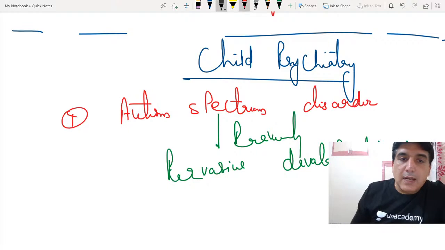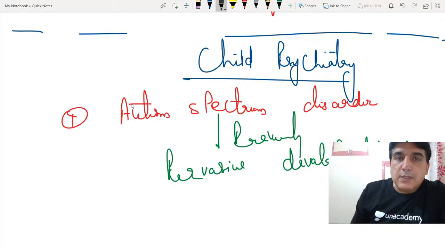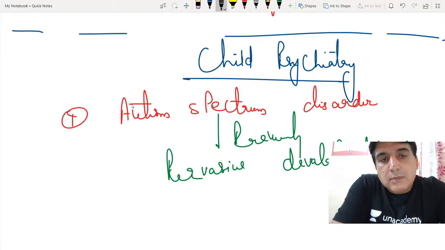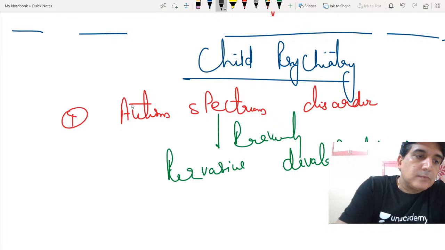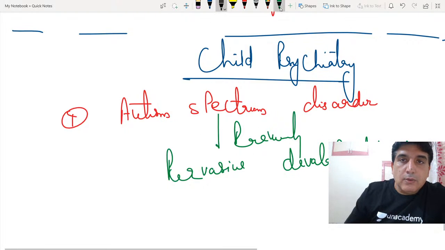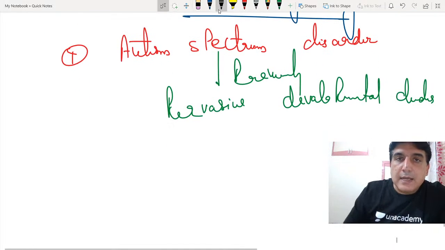So before we had autism, Asperger syndrome, Rett syndrome, Heller syndrome. Now we have them as autism spectrum disorder as per severity. Okay. And apart from that, as I told you yesterday, in DSM-5 the language and communication criteria has been removed.